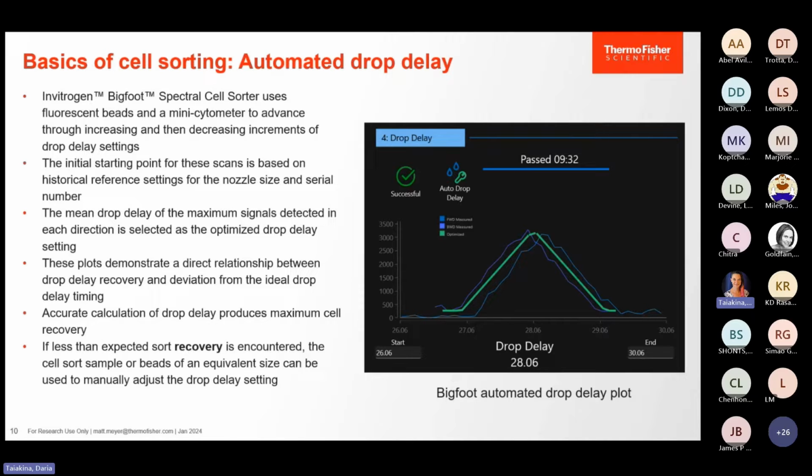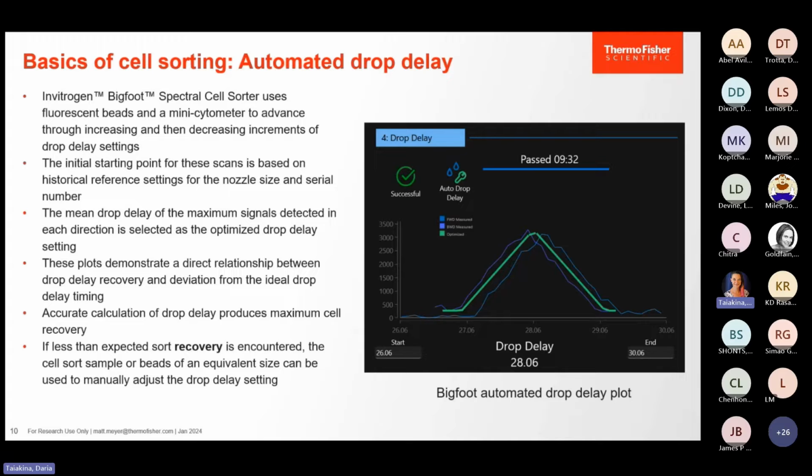Once the drop delay is accurately met, it's going to deflect drops with actual beads in them. So these are 10.6 micron beads, and that's going to give you, in this case, a maximum intensity of 3,500.